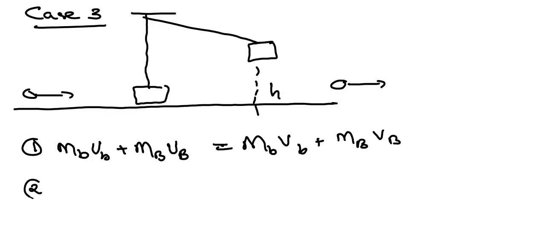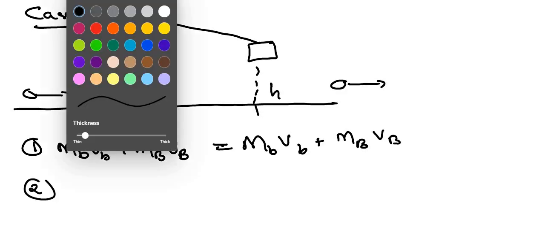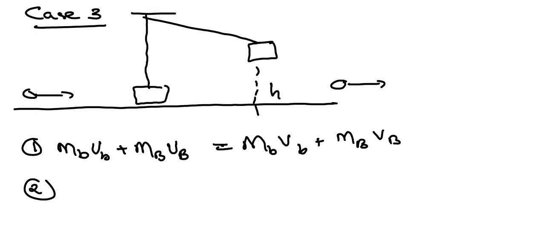Then the second equation. This thing is swinging, it's going up, so there is a change in energy. It was at rest, as in most cases. Then the bullet comes and pushes it, so it gains kinetic energy, but then it comes to rest at a height h. So kinetic energy is converted to potential energy. This is with respect to just the block.